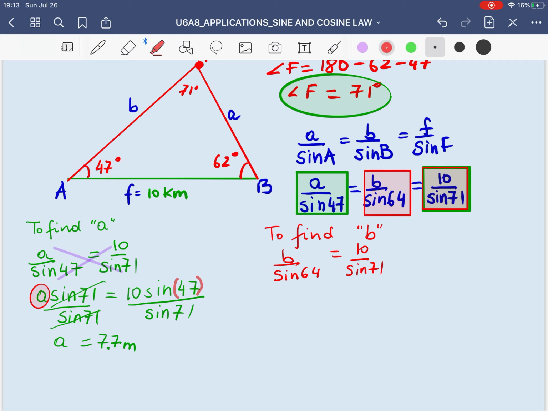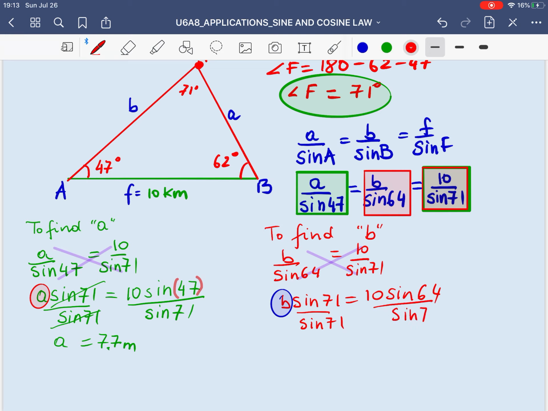Again, cross multiplication. And we have B sine 71 equals 10 sine 64. Isolate B, and then we get to divide by sine 71 both sides.